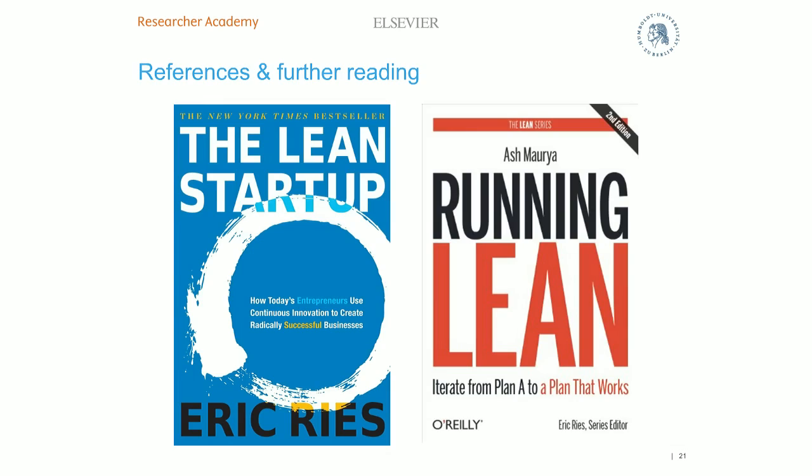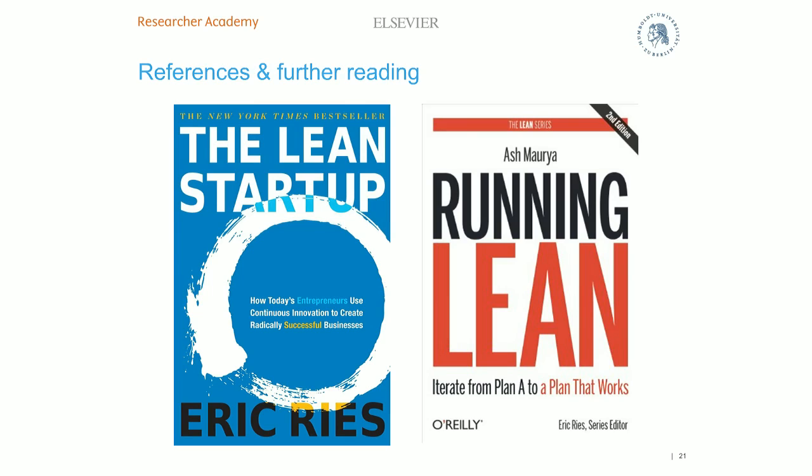As an outlook for this webinar and for further reading, I want to show you the main sources for this webinar. The first one is the Lean Startup book by Eric Ries.